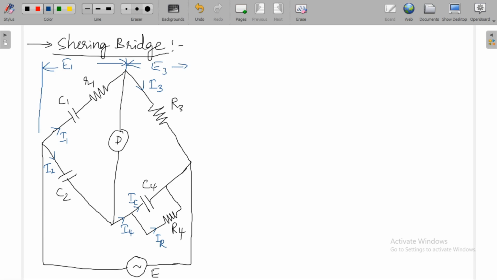E3 is the voltage across this branch. E2 is the voltage across this branch. E4 is the voltage across this branch. Here R4 and C4 are variables. After getting balance equations, we'll come to know why we choose these two as variables.